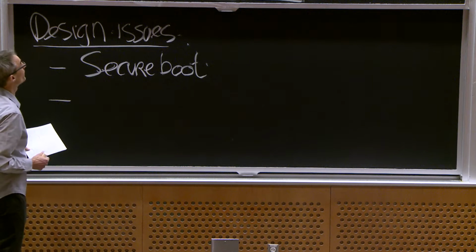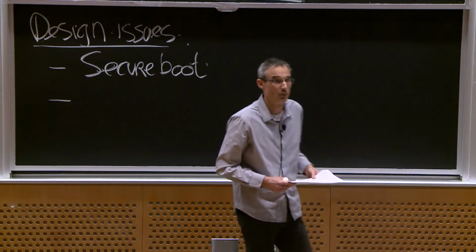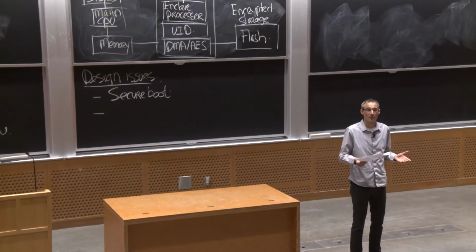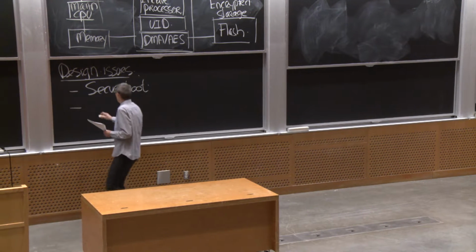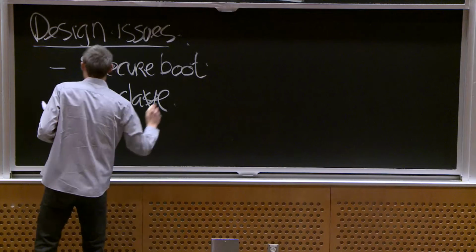Then another important issue is how to do this division. What should the operating system do, and what should the enclave processor do? What exactly the enclave does is going to be important.